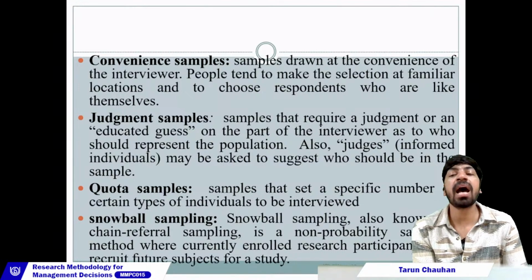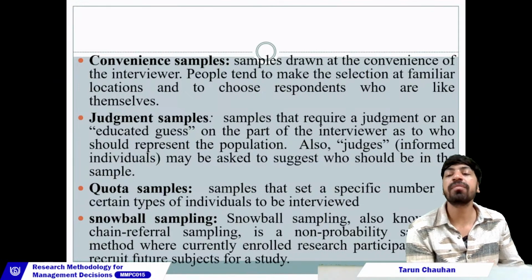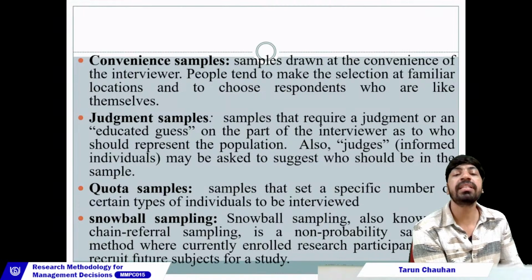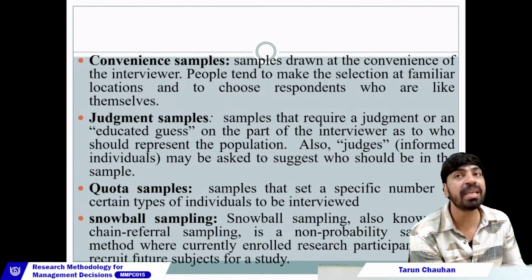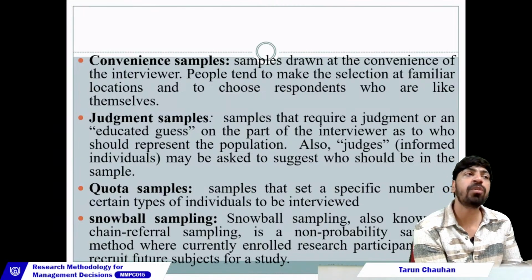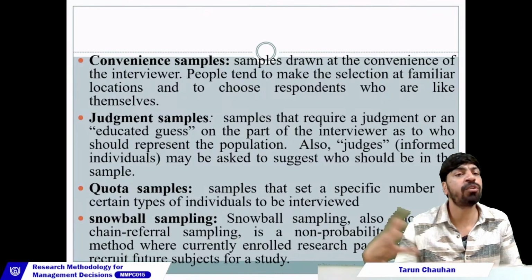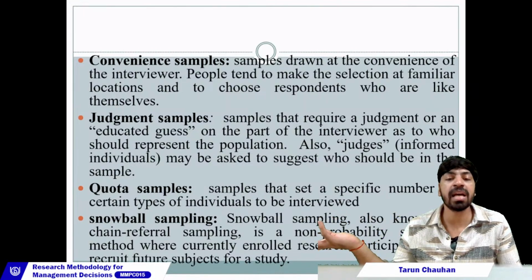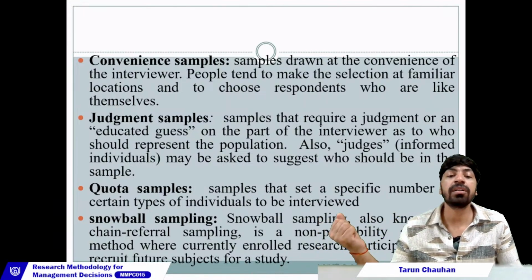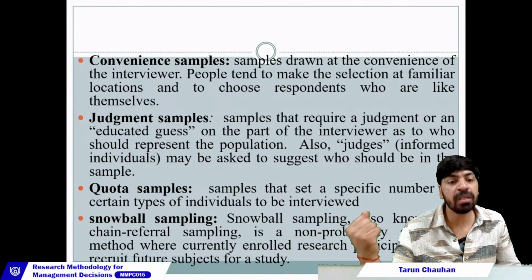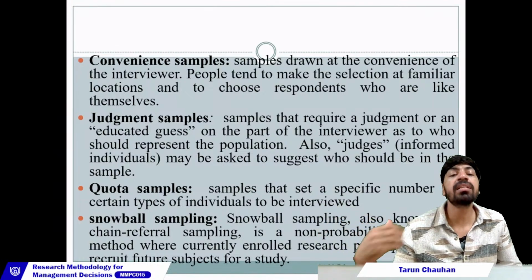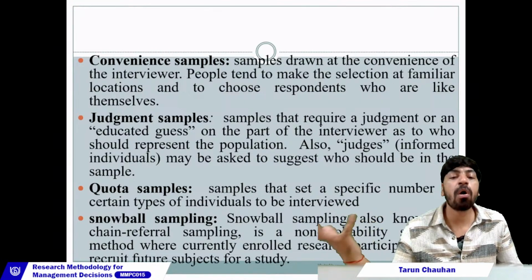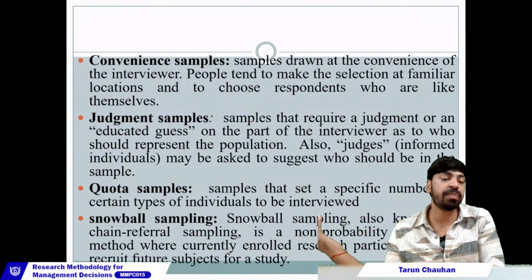Quota sampling is defined as a set of a specific number of a certain type of individuals to be interviewed, whether doctors, PhD holders, persons who belong to the defense industry, or persons who belong to hospitals.